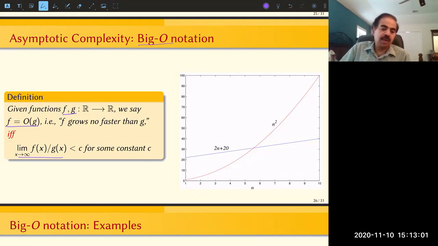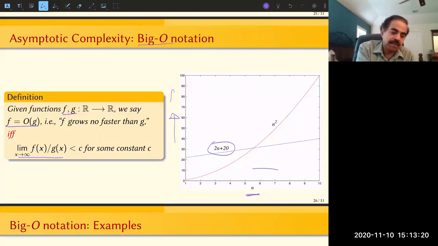Here is a chart that shows two functions. One is a linear function, which grows linearly with n, which is the x-axis here. We are plotting f of n on the y-axis, and n on the x-axis.